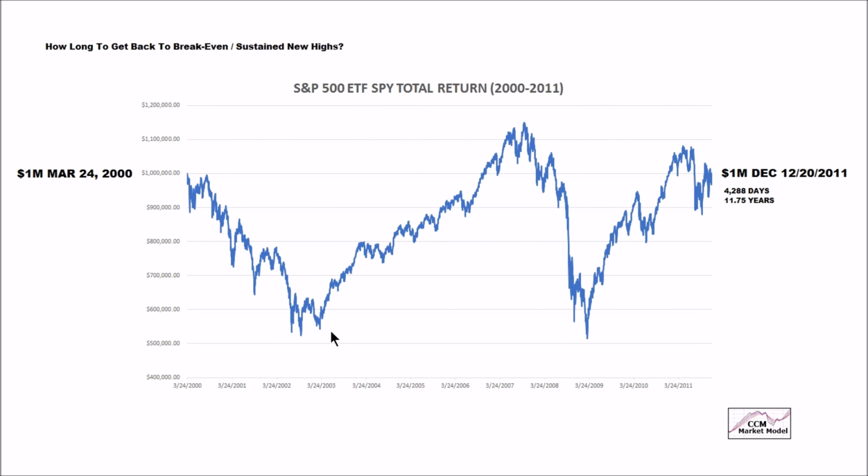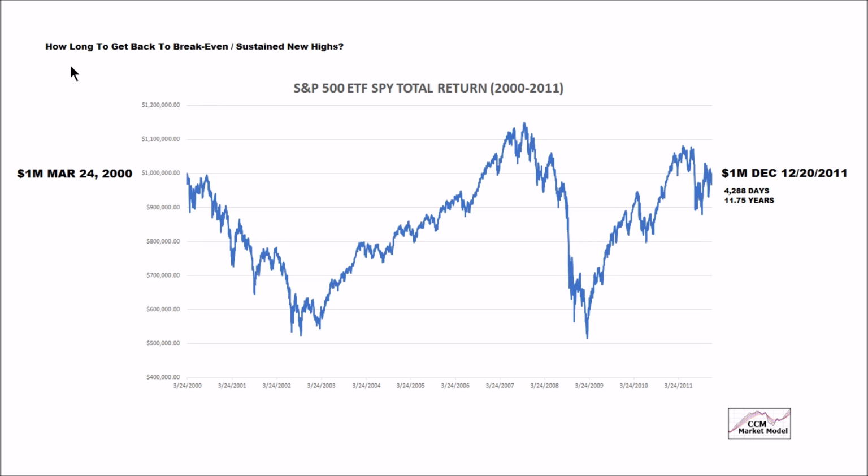This is our portfolio value here. We have the two devastating bear markets, and if we take the buy and hold portfolio forward from March 24th, 2000, if we fast forward 4,288 days, our portfolio once again is worth $1 million on December 20th, 2011.